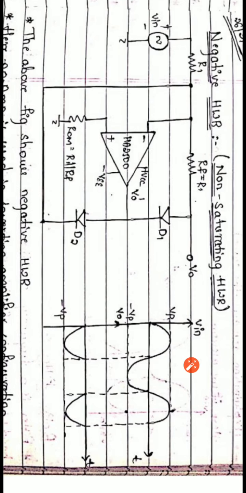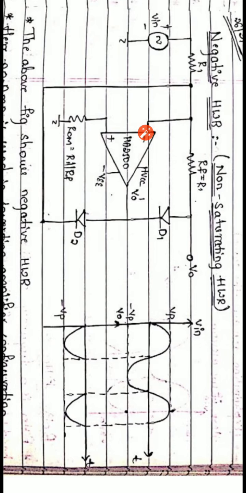That can be avoided using this circuit. The only change is that two diodes, D1 and D2, are connected at the output side. Here the input is applied to the inverting terminal, though we can also do it for the non-inverting, nothing changes.